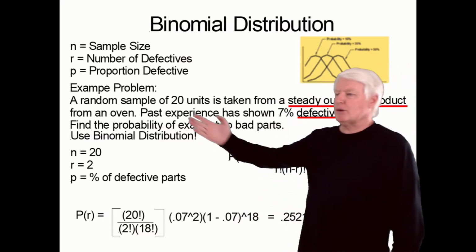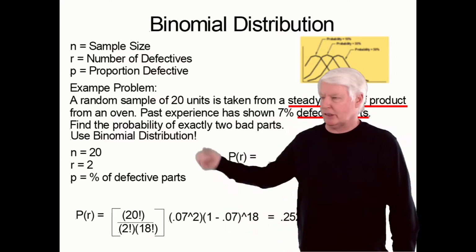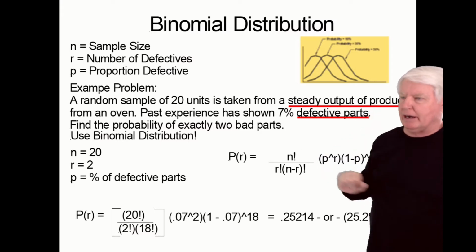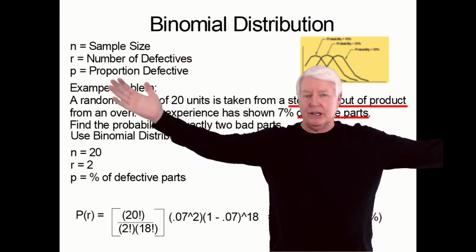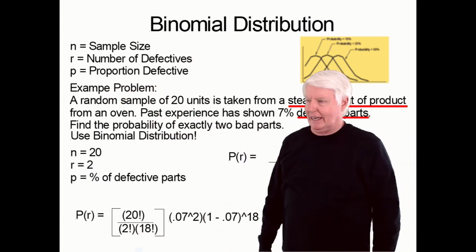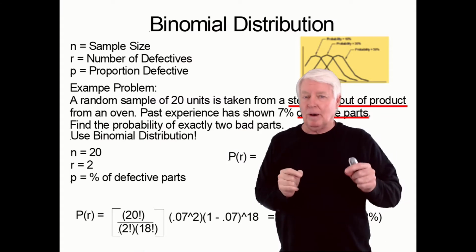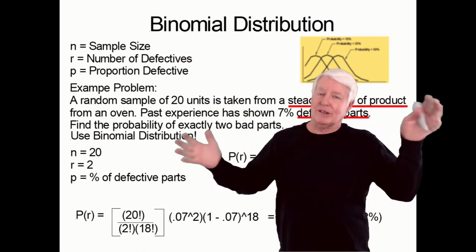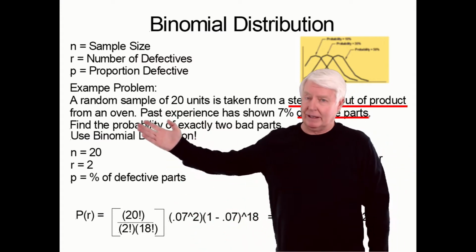Okay, so let's read this question. See if you can pick up on this, that this demands a binomial distribution. A random sample of 20 units is taken from a steady output of product from an oven. Steady output of a product suggests the population is huge, mass production, okay? So that's good. That means we can sample, and even if we don't replace it, the population is so big that the probabilities aren't going to change significantly.